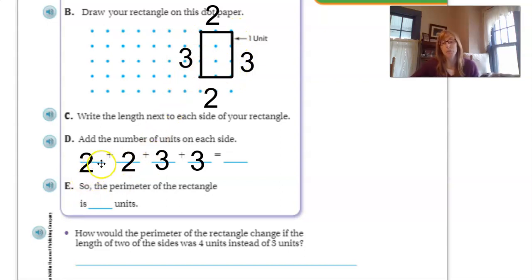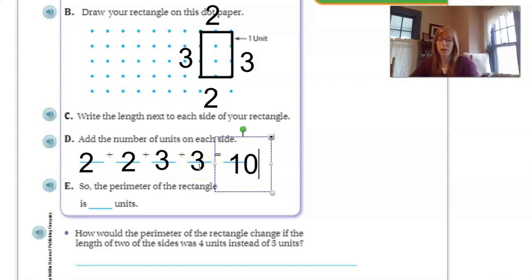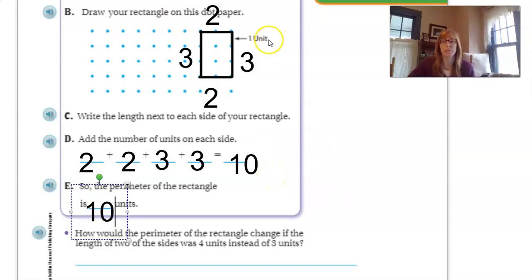Now I put my numbers in order, 2 plus 2 plus 3 plus 3. And then your answer should be, if you add them up, you have 2 plus 2 is 4, and 3 plus 3 is 6. So 4 plus 6 equals, hopefully everyone knows, that it equals 10. So the units is 10. 10 units. So each one of these little lines from one line to the next line is standing for units.